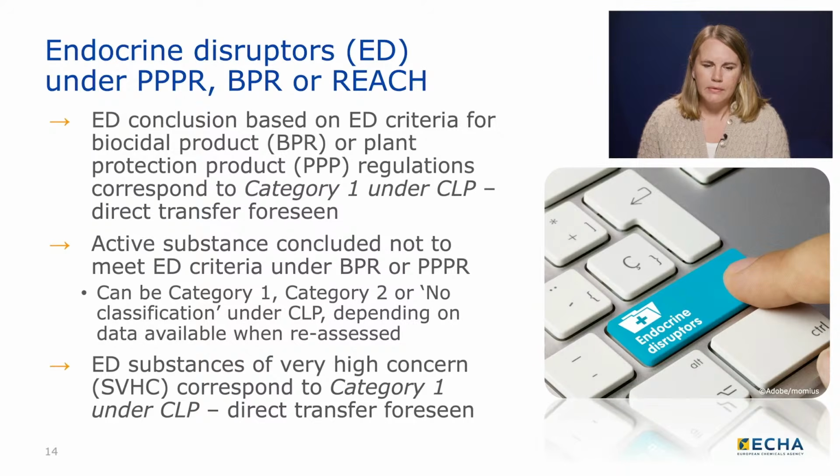And for ED substances of very high concern under REACH, the corresponding classification under CLP is category 1, and for these substances a direct transfer is foreseen. And similar details for the PBTs will be presented later in this webinar.